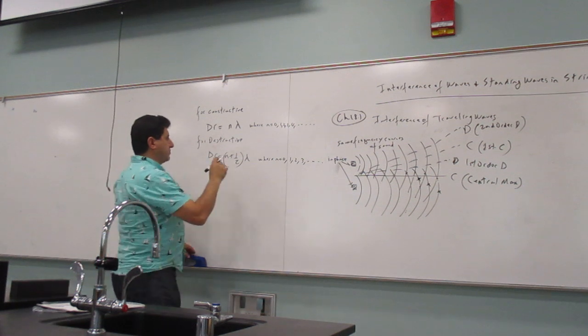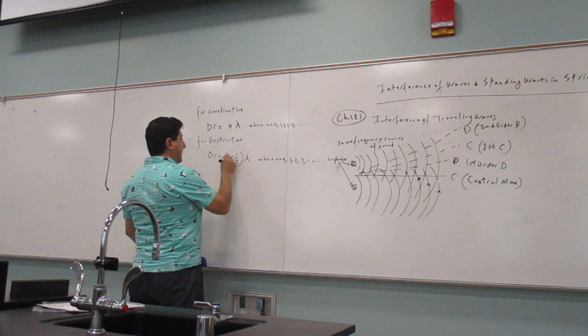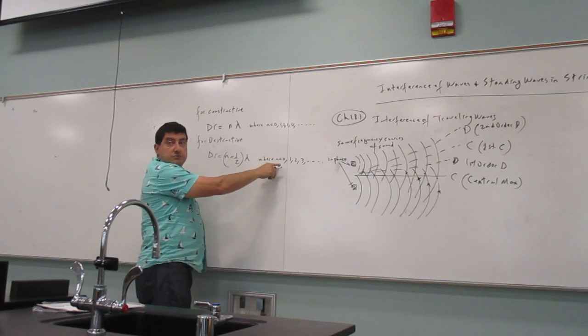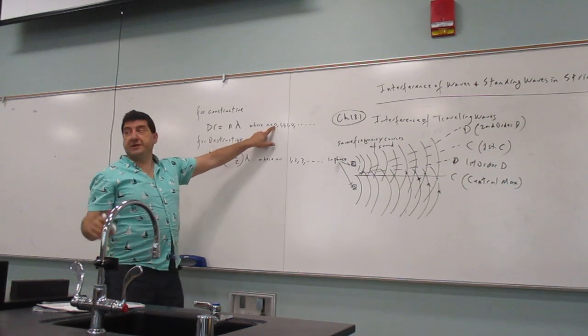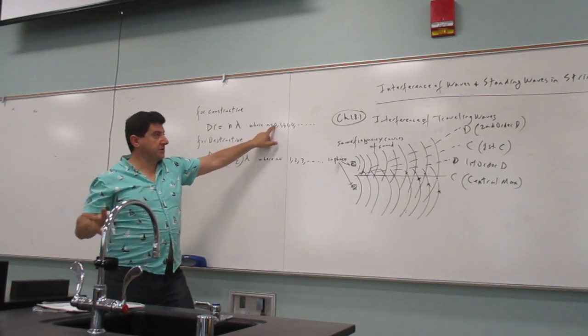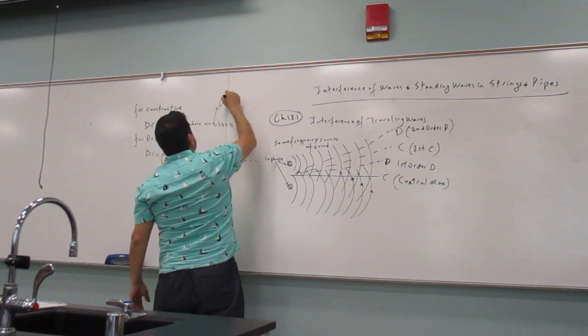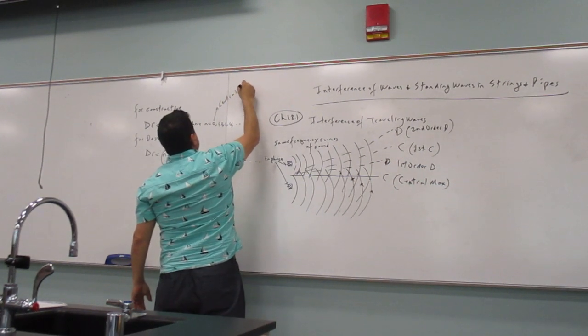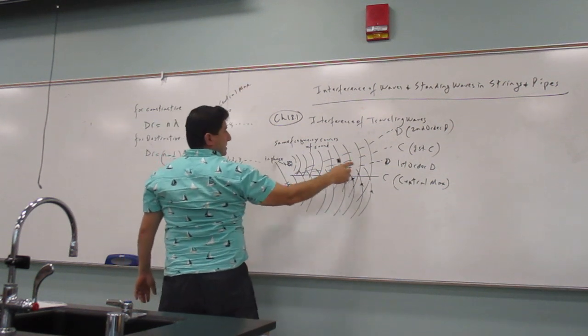Or you know what, we could put it this way. We can write it as n minus a half, and then we wouldn't have any 0. Right? So n equals 0 would be central maximum, which is this one. Right? Central max. And then n is 1 would be this guy.